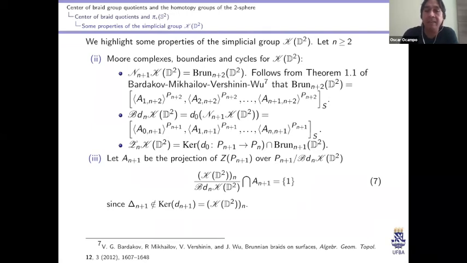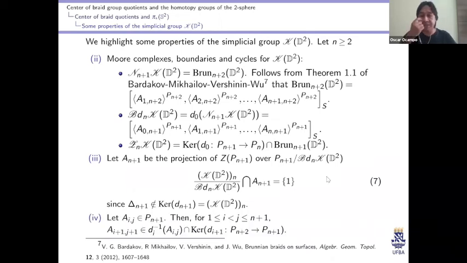Well, the third condition is about some intersection. We don't take the center here, it's not necessary, since the full twist doesn't belong to the kernel of d_{n+1}, and A_{n+1} is the projection of the center over this group. So we easily conclude that this intersection is trivial. And the last condition is very easy.